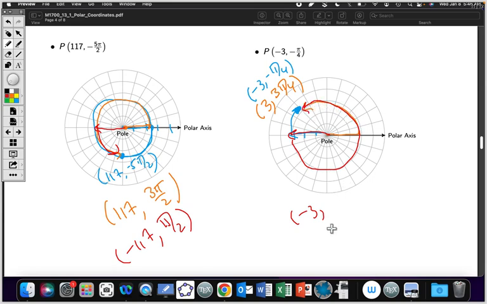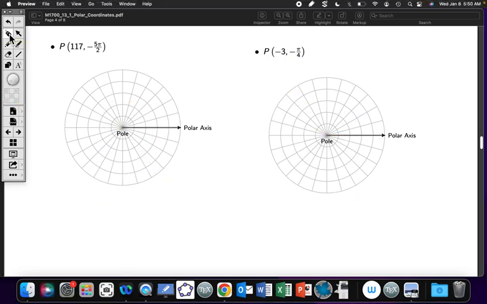And that would give me 7 pi over 4, if I just added 2 pi that way. Okay. So if the r is the same, I can just add or subtract multiples of 2 pi, get the coterminal angle. If the r is opposite, then I add or subtract odd multiples of pi. But hopefully you get a good idea now of the motions of the system. It's out and rotate.